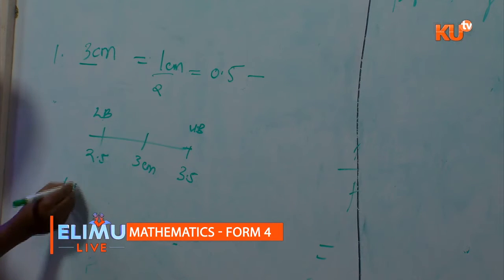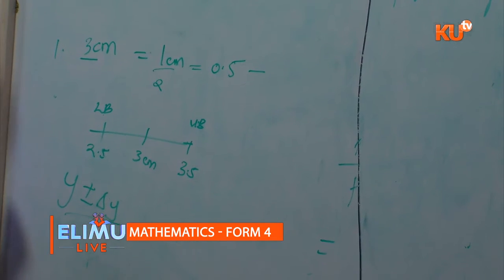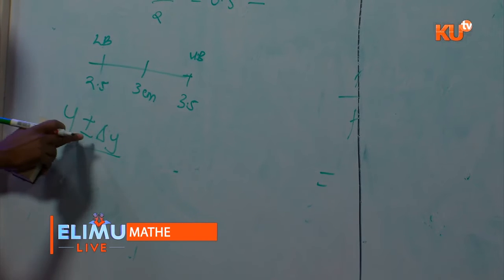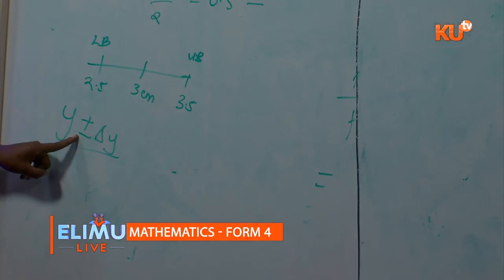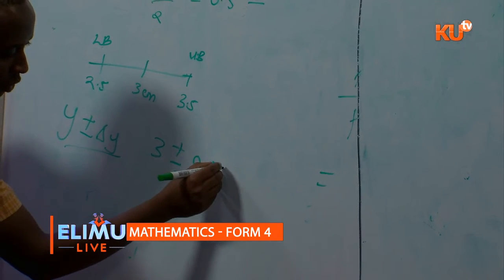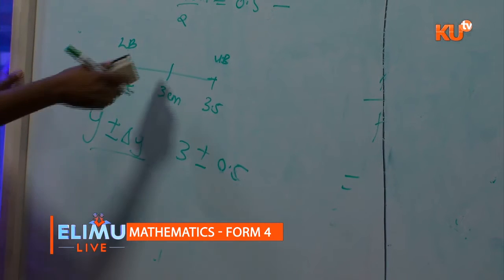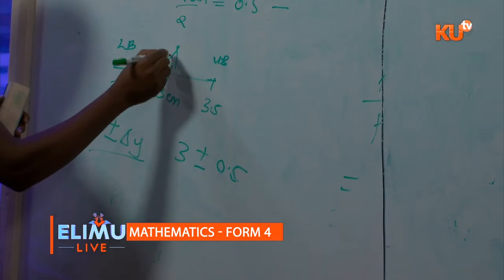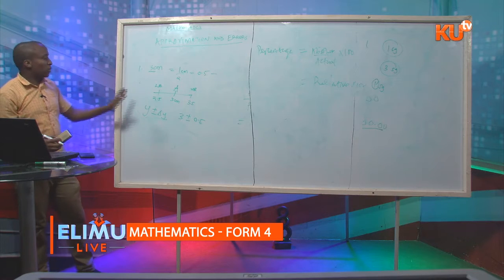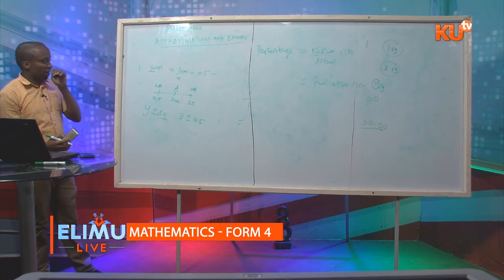So the absolute error can be plus or minus the change of that unit, and can be denoted by any letter. So this one can be 3 plus or minus 0.5. The 0.5 can be on either side, because this is the actual measurement, but we can have a committed error for this one, either 3.5 or 2.5.